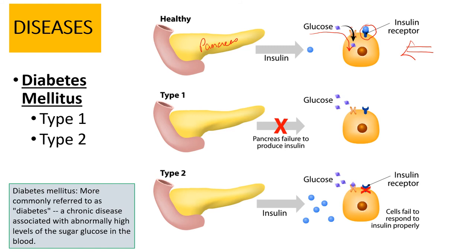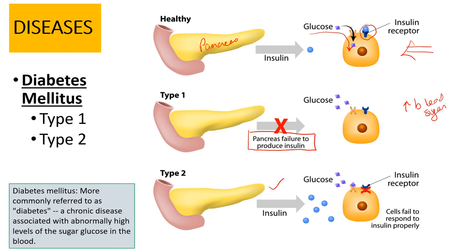Now, in type 1 diabetes, we have a situation where the pancreas fails to produce insulin. So it's not that the cells don't respond, it's that there's no insulin there for them to respond to. So glucose can't enter the cell, which leads to high blood sugar. Now, in type 2 diabetes, it's not that the pancreas isn't producing insulin, it is.